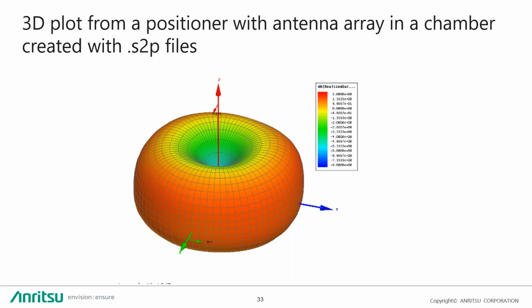And what it'll do is it'll save an S2P file for each position. And then once the robotic arm is finished covering all the coordinates, those S2P files are used to calculate a 3D representation of the energy surrounding an antenna. And in this case, it's a half-wave dipole antenna, and that's going to give you a donut-shaped representation in 3D.